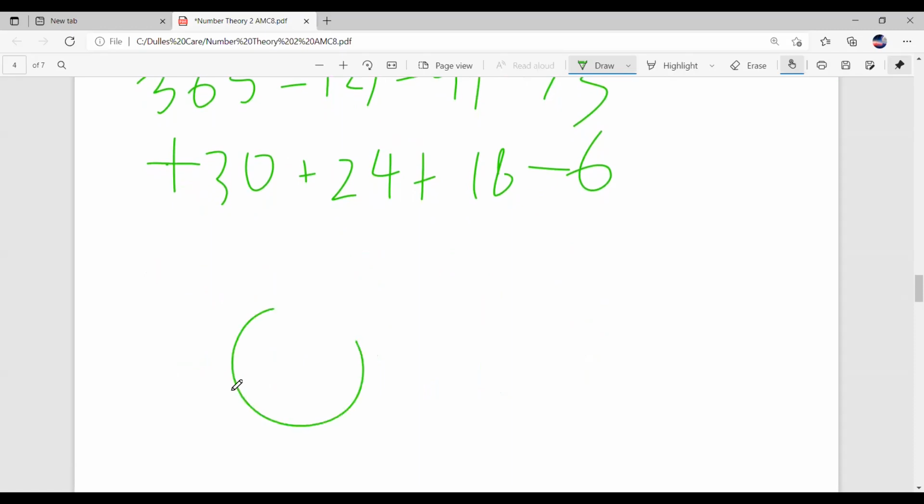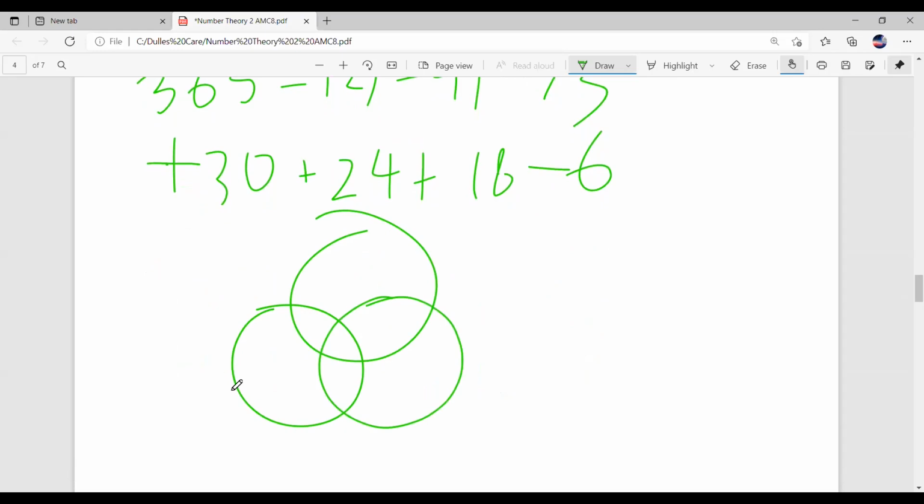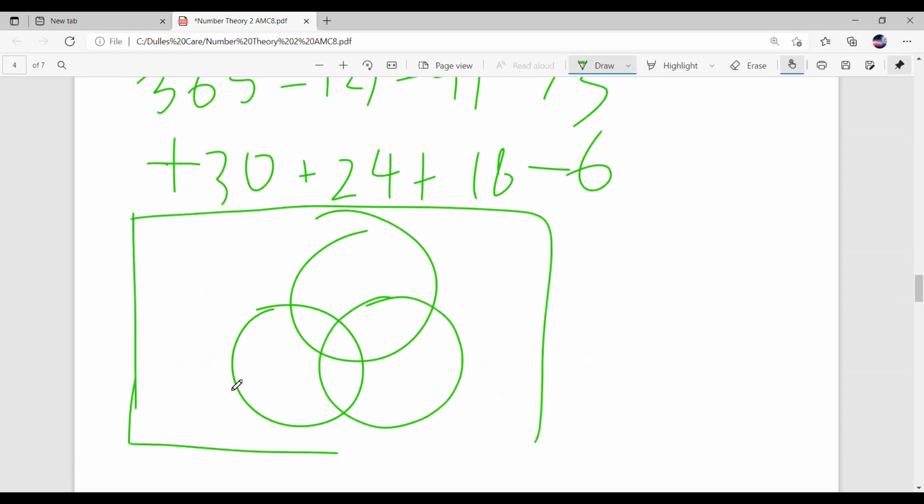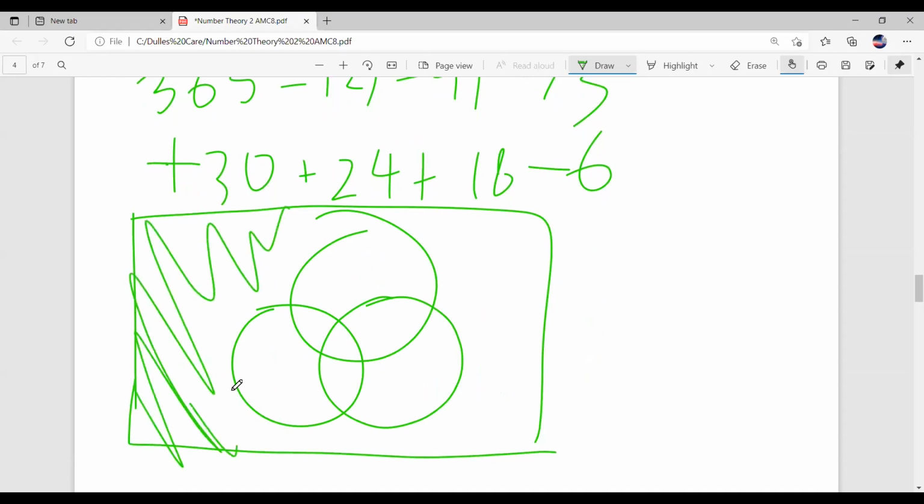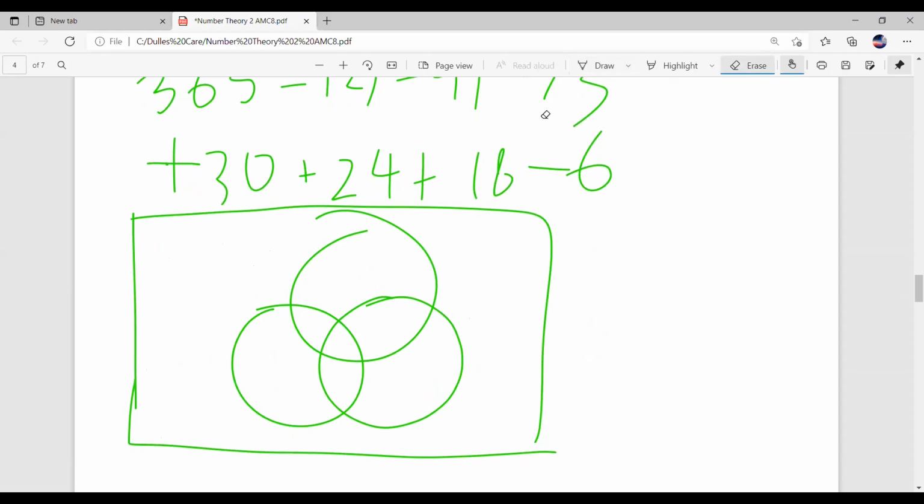So let's draw a Venn diagram. Okay, and then let's draw a rectangle around this. So what we're trying to do is find the area of the rectangle that's not in the circles, basically the number of days where grandchildren don't call. Basically the stuff outside of the Venn diagram. The stuff inside of the Venn diagram is the number of days the first grandchild calls, the second grandchild calls, the third grandchild calls.